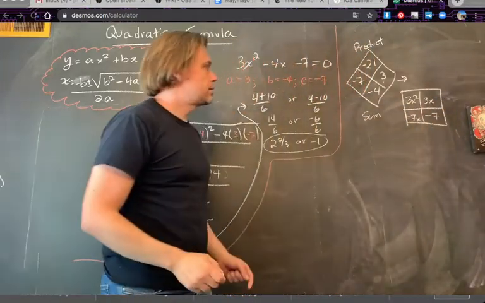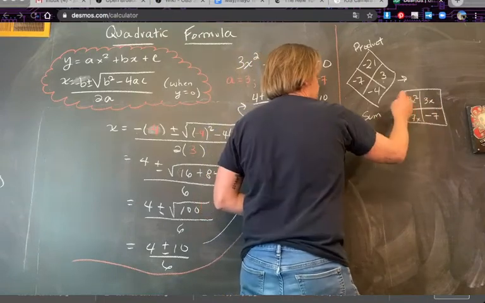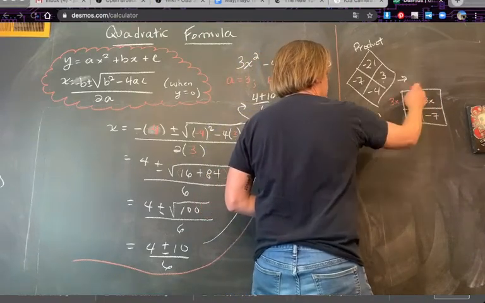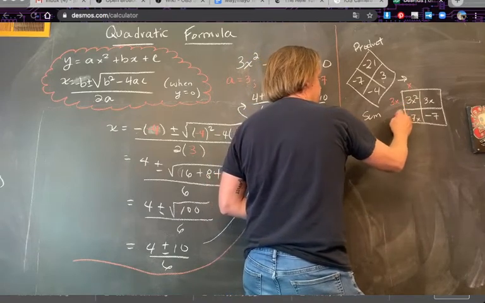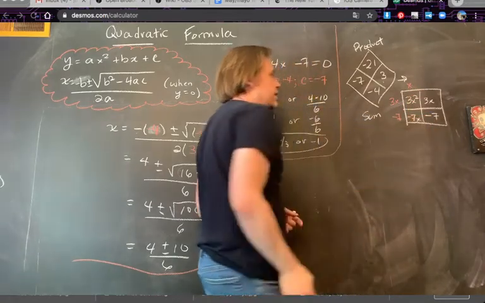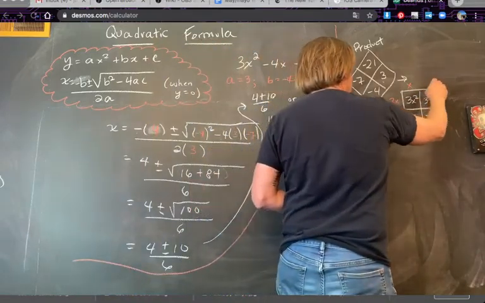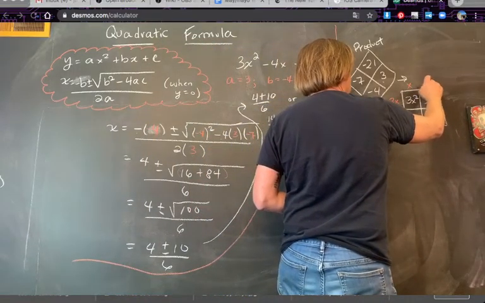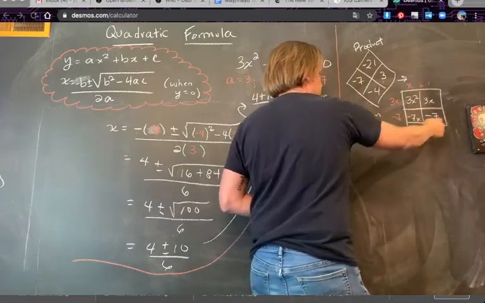And then we can factor that out. The greatest common factor here is 3x. The greatest one here is x. Negative 7 times x gives you negative 7x. Then 3, no, just 1. 1 times 3x is 3x. 1 times negative 7 is negative 7.